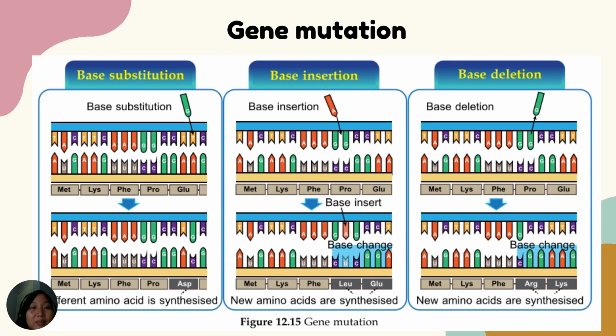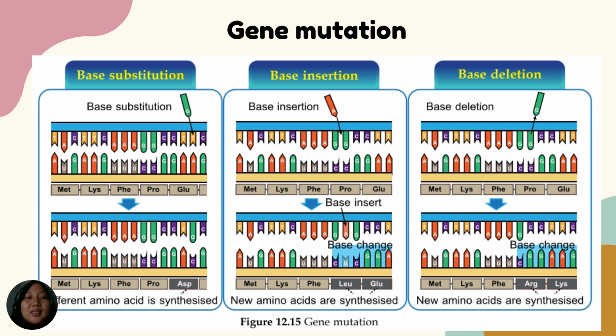Substitute means it replaces. In the example here, from T, thymine, it will change into G, guanine. So from GLU, this is the amino acid GLU, it will mutate and become ASP. Another one is insertion. Insert means they've been put into.